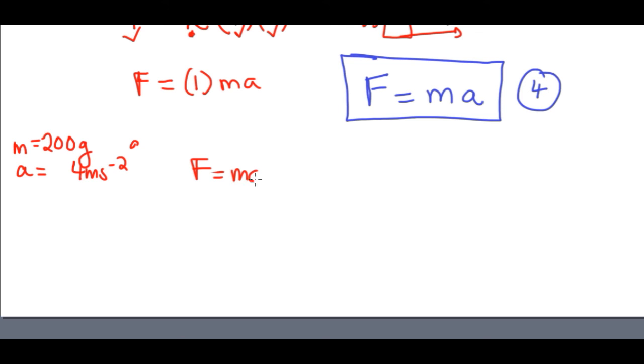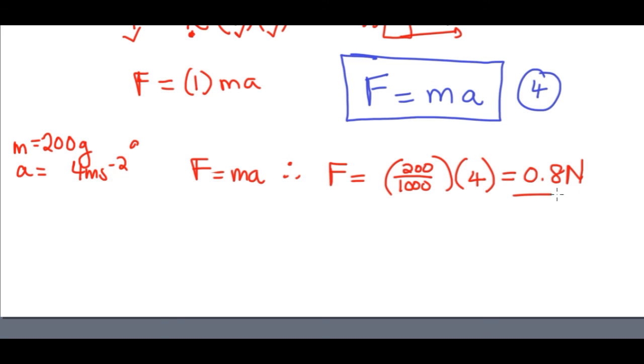F is equal to MA. Therefore, my F is going to be equal to 200 grams. It needs to be in SI units. SI units are kgs. So this is going to be 200 grams divided by 1000 to put it in kgs, multiplied by 4 meters per second squared. That is already in SI units, so that's fine. You get that your force is 0.8 newtons.